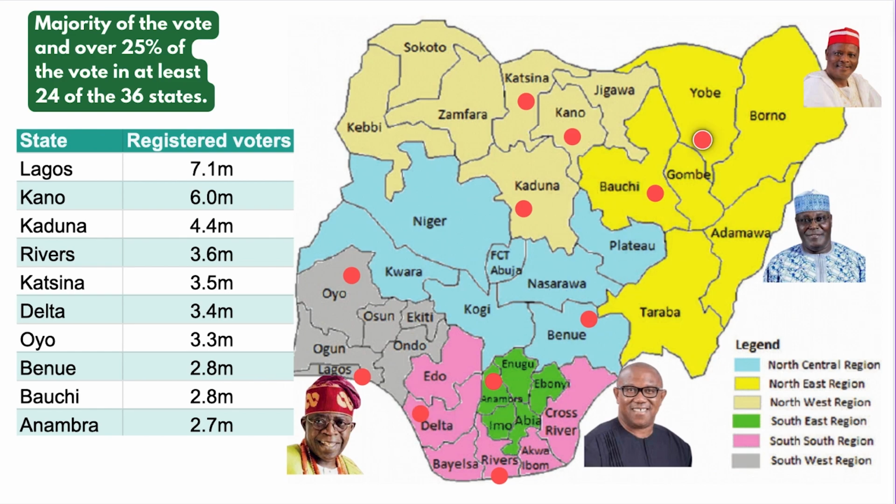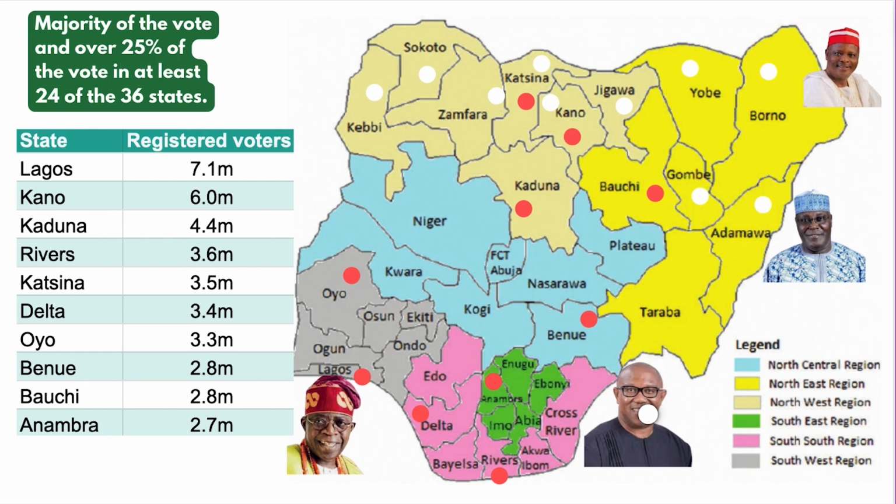So now, in terms of Peter Obi's chances, it's really very difficult to tell, because you're looking at places like here. These are the core north.